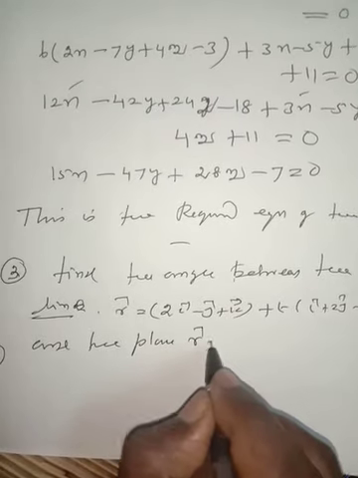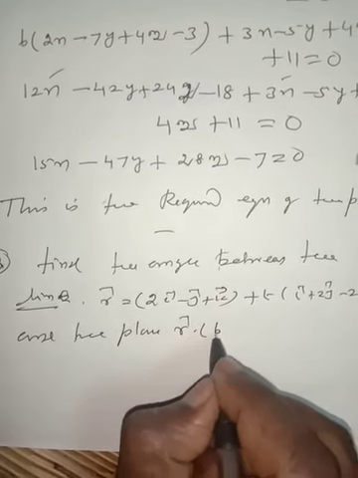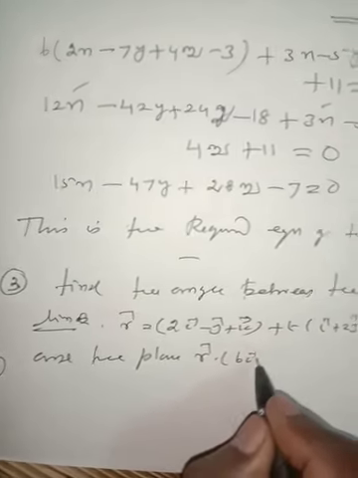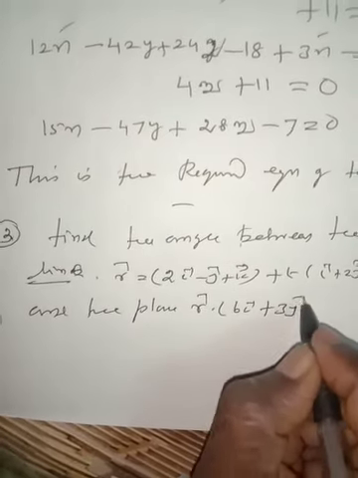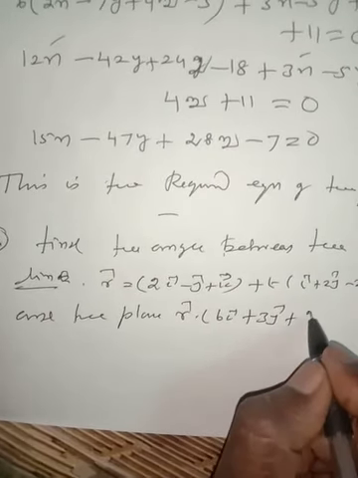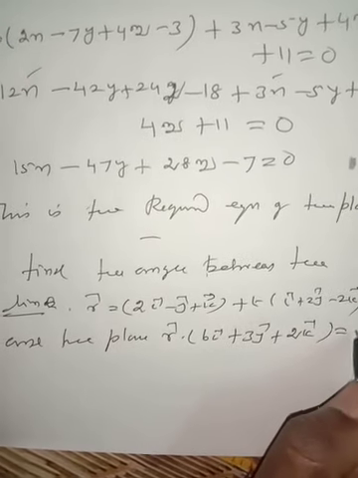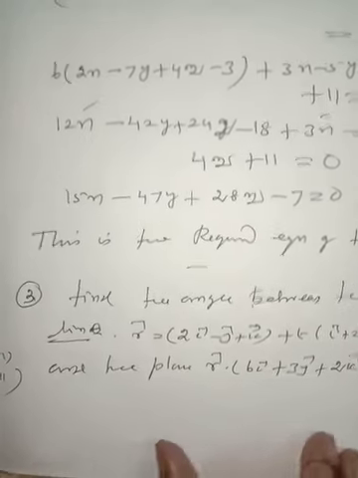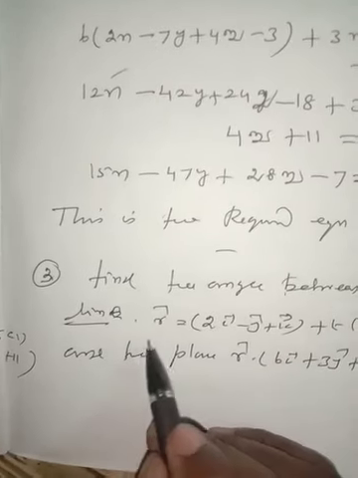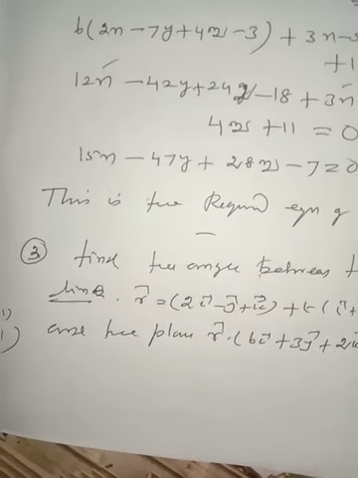r vector dot 6i vector plus 3j vector plus 2k vector is equal to 8. In this case, a single line and a plane are given.